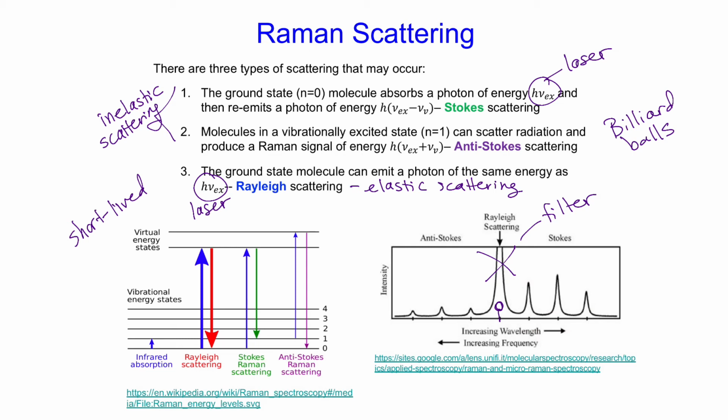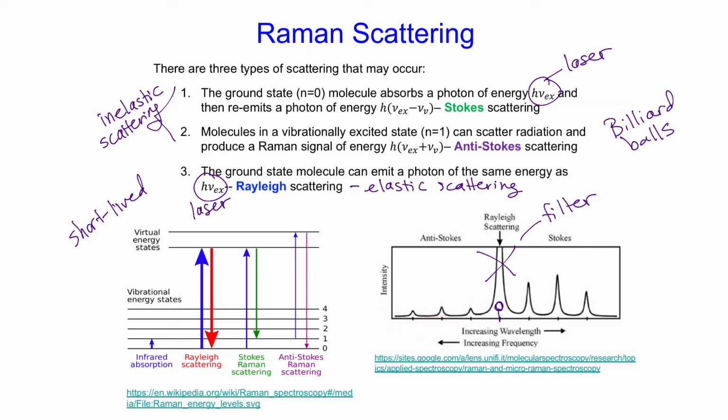Our particular spectrometer actually only provides the Stokes side of our spectrum, and that's okay because you'll notice that all of these peaks are very symmetrical. The positioning of your shift on your Stokes side is going to be identical, just opposite in sign from your anti-Stokes.